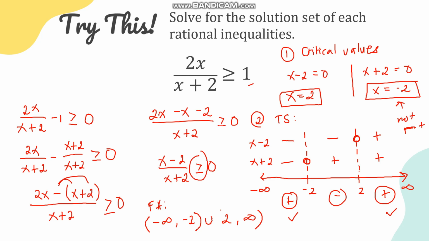And then for 2, this will be bracket. Okay? Because it is now part of the solution. So therefore, this is your final answer. So this now represents the solution set of our given rational inequality.